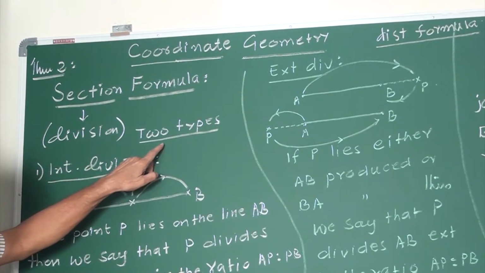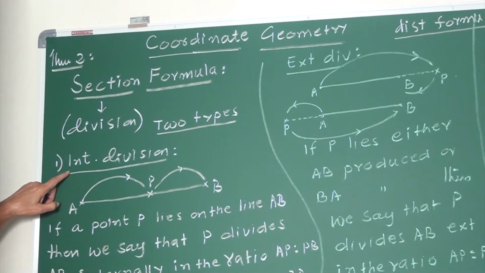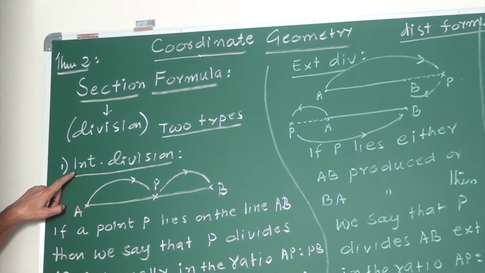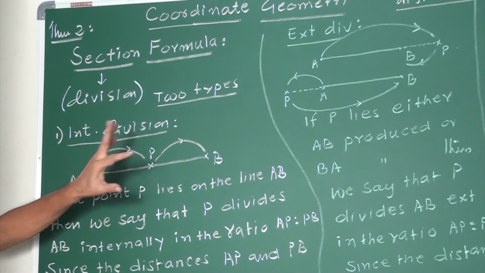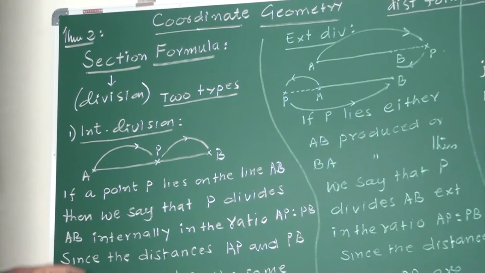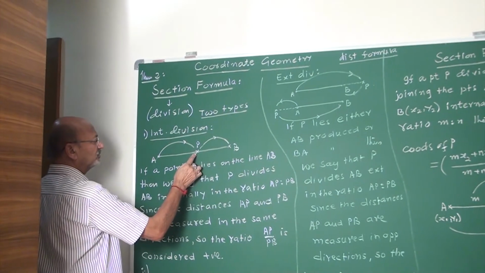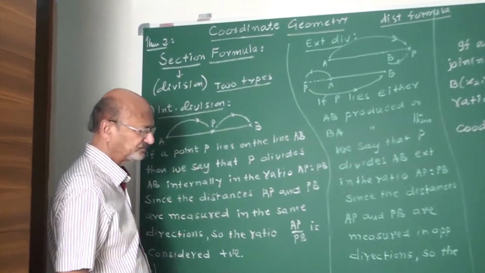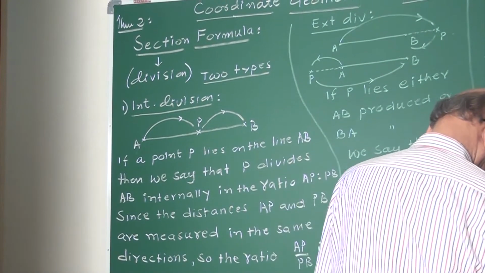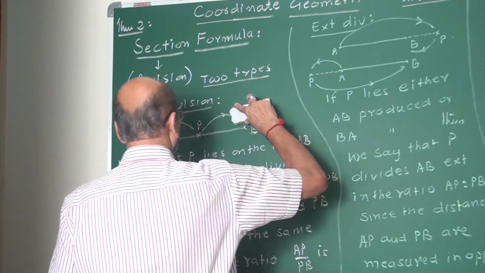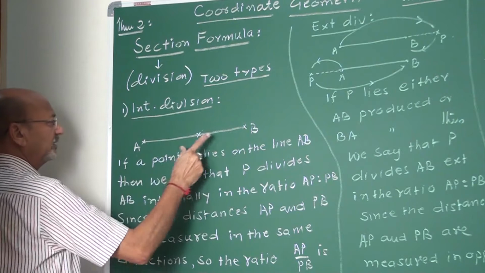Division means there are two types of divisions. First, the internal division of a line. I have drawn the figure here. Yes, my friends. This is AB. AB is a line.